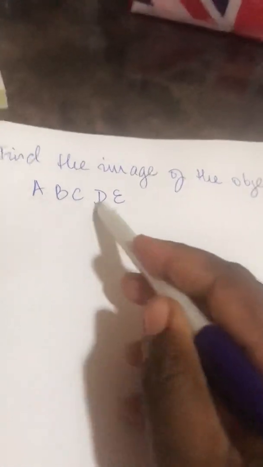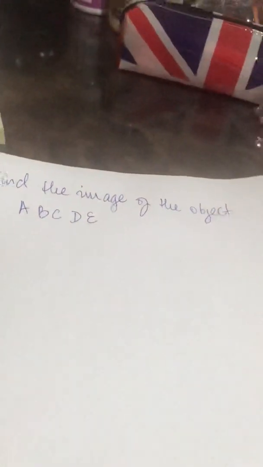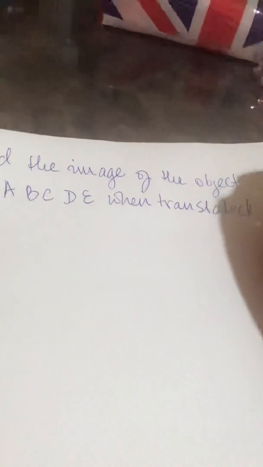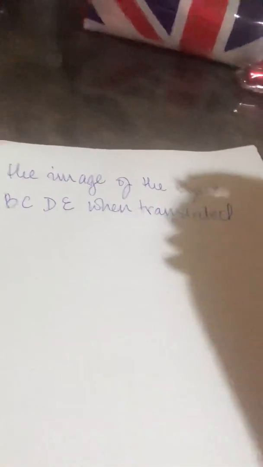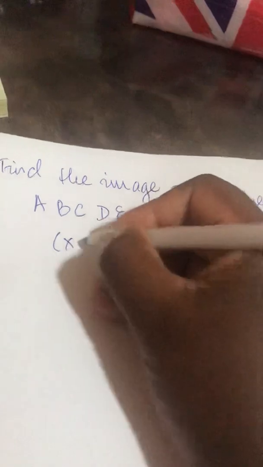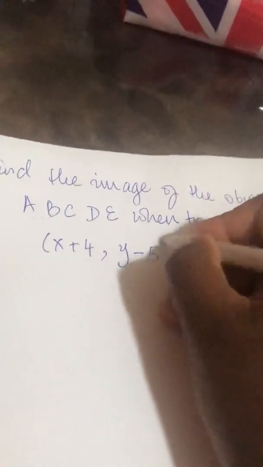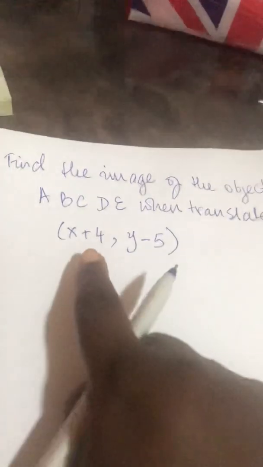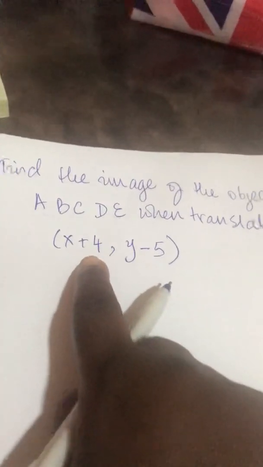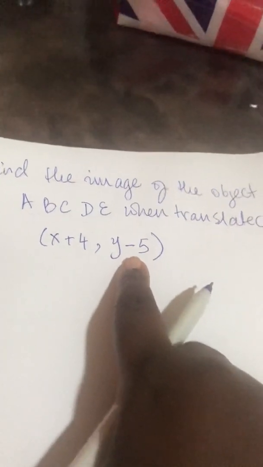How do I know? I have used 5 letters. Okay. So find the image of the object A, B, C, D, E when translated, and then they wrote X plus 4, Y minus 5. Okay, so this means 4 units to the right, 5 units down.